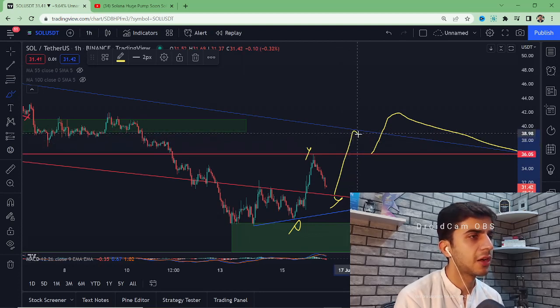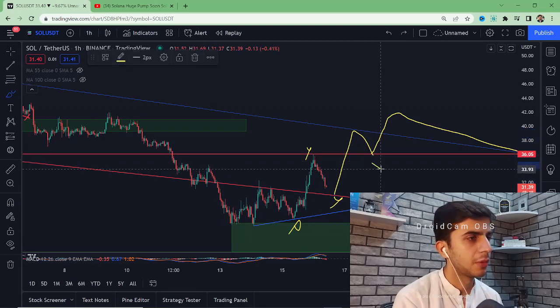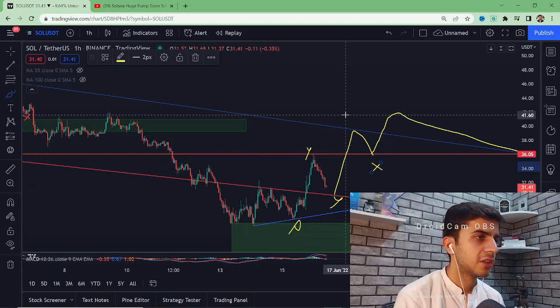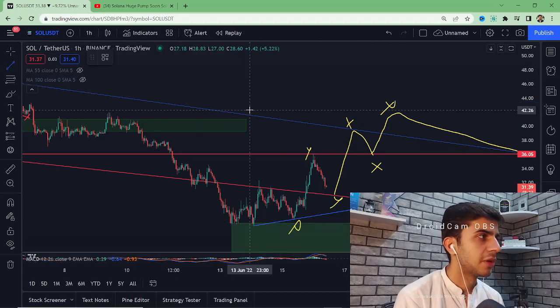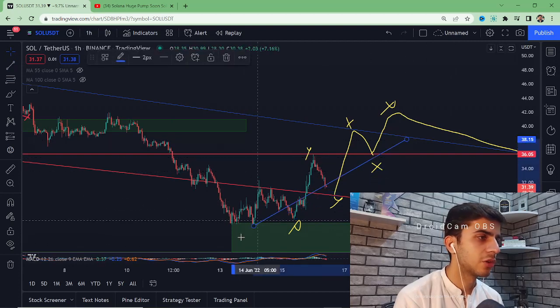It will be another higher high, then you get a higher low here, and a higher low here. That would be your higher high, and then we would need another higher high at this place, and only then this could happen as well.